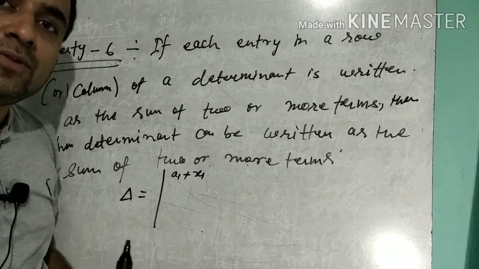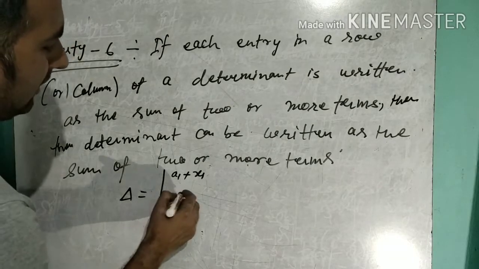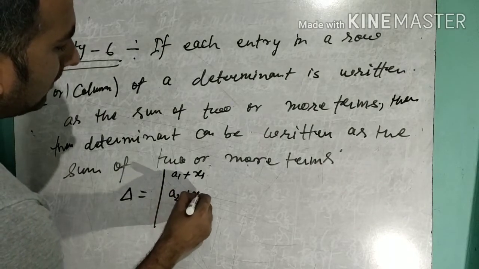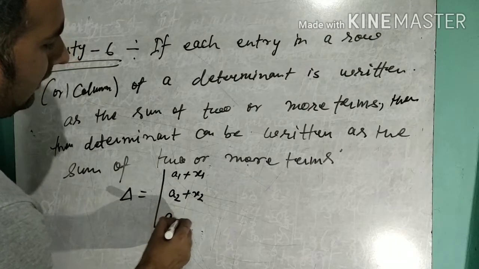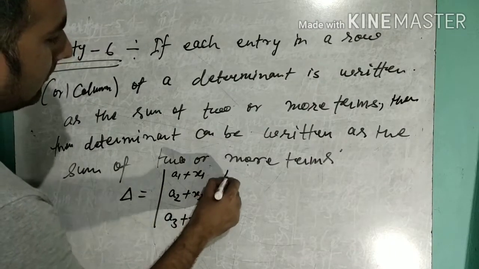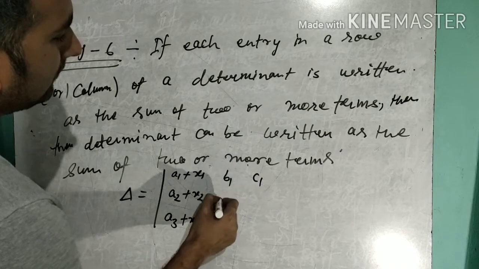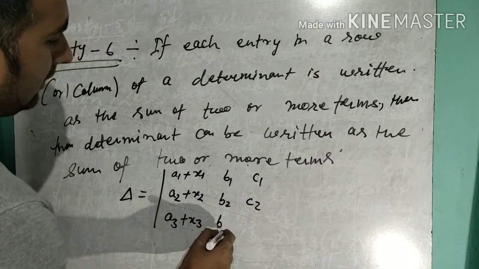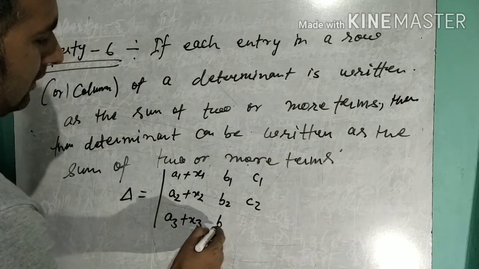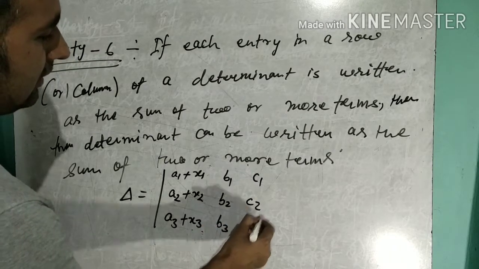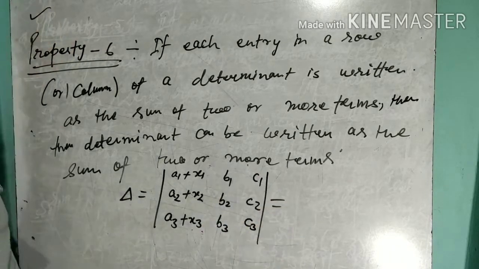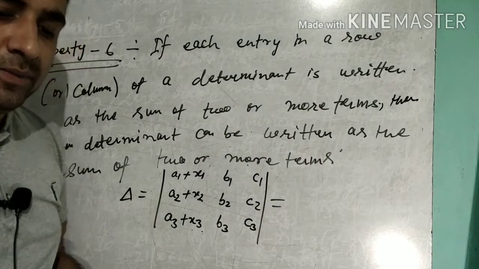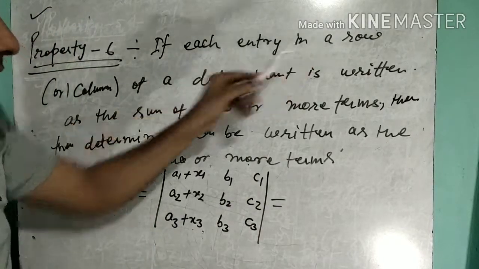If you want to take the row, you can take a1 plus x1, a2 plus x2, a3 plus x3, b1 and c1, b2, c2, b3 and c3.